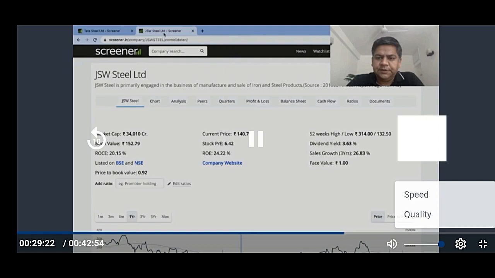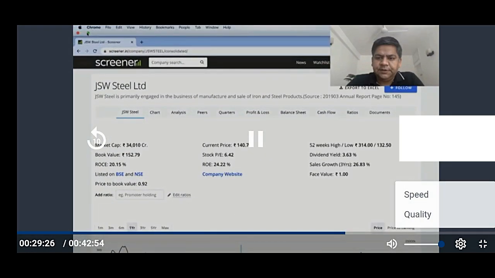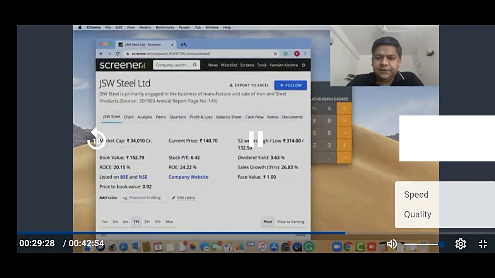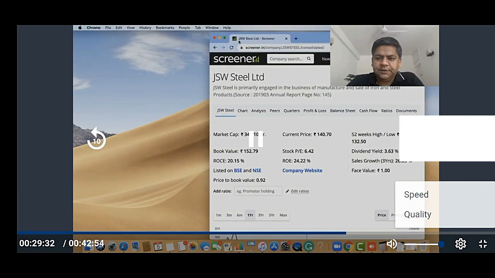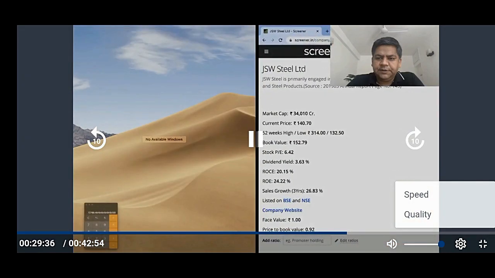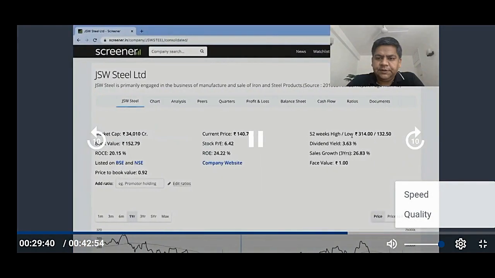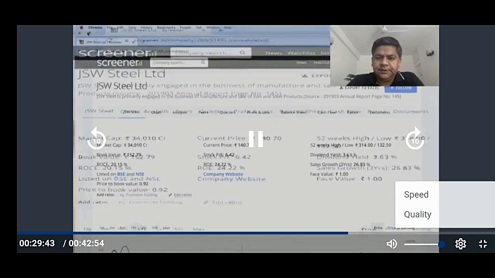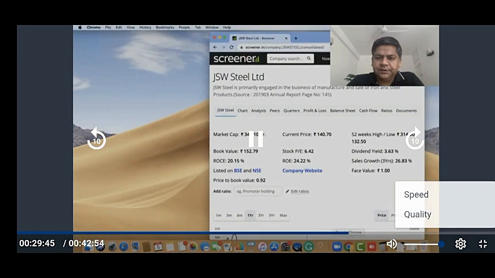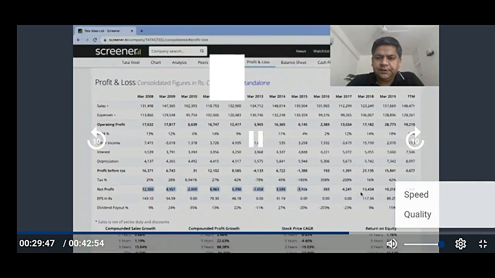So what we will do is we will now try to see how exactly Tata Steel is doing in comparison with JSW Steel. So we will open both in windows.